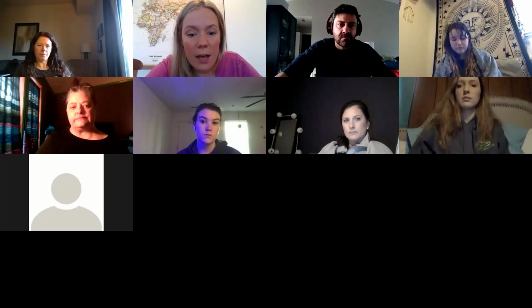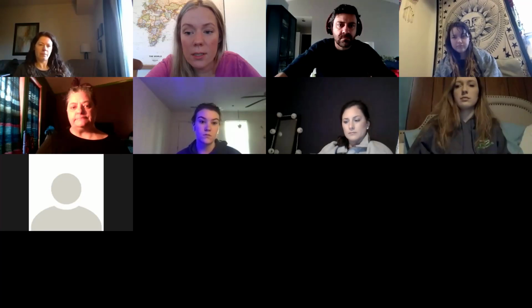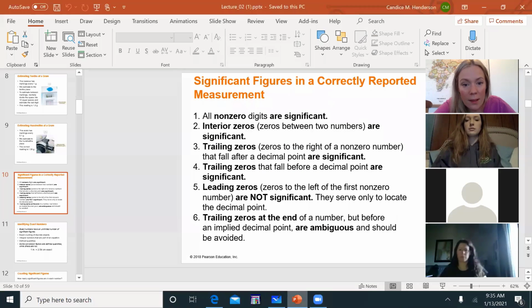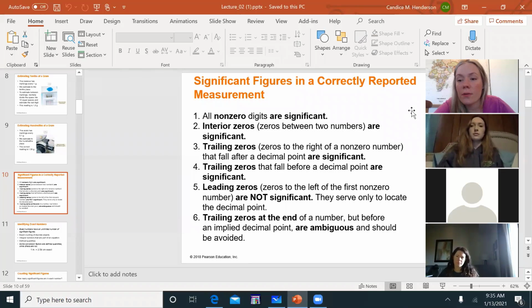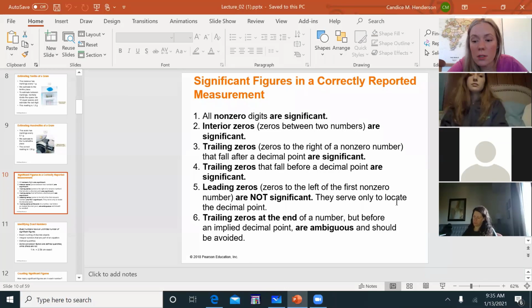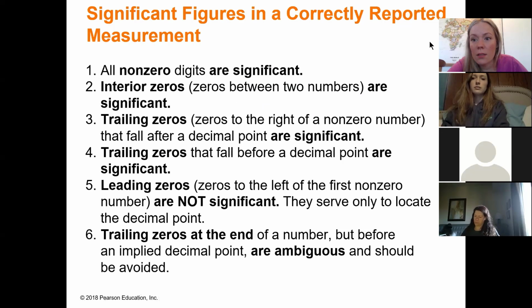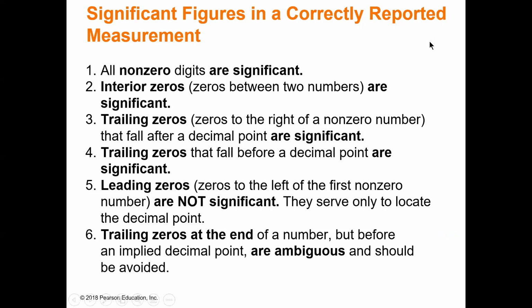Okay, so we left off last time talking about significant figures. All those fun, quirky rules that tell us something about the precision of a number. The more significant figures we have, the more precise our number is. So as scientists, we'd want more significant figures.